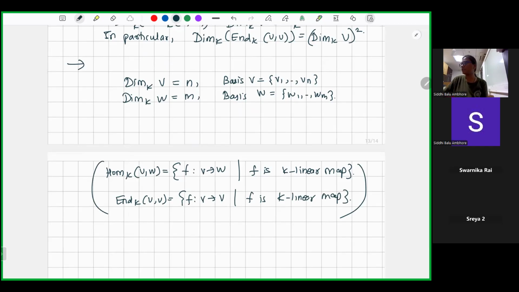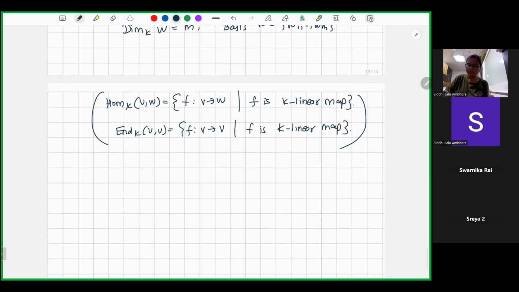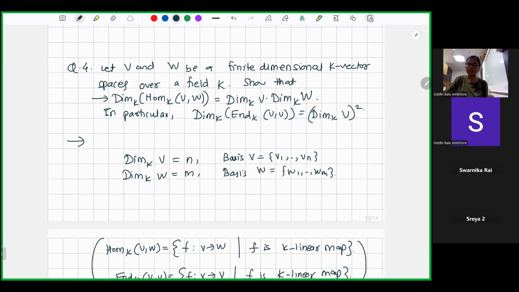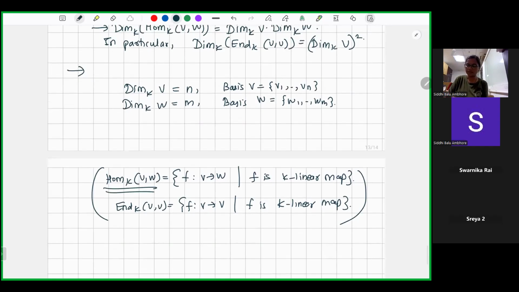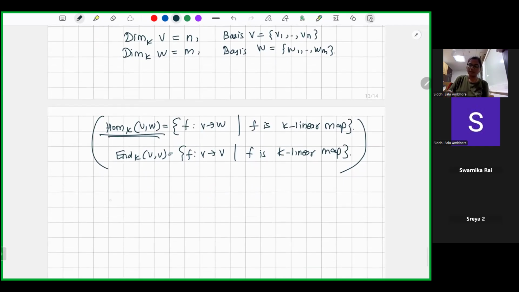I'm just recalling the definition. So we have to show that the dimension is the product of the dimensions of V and W. This is a vector space over K.